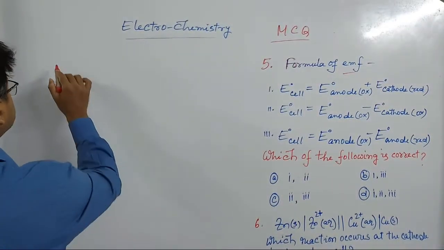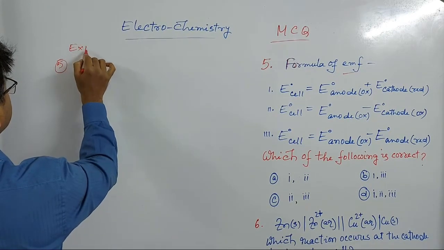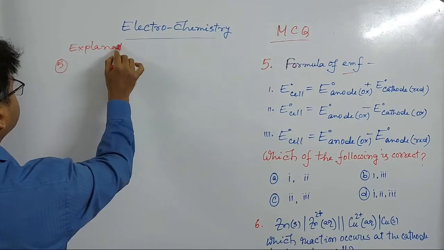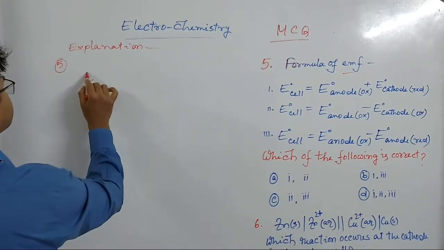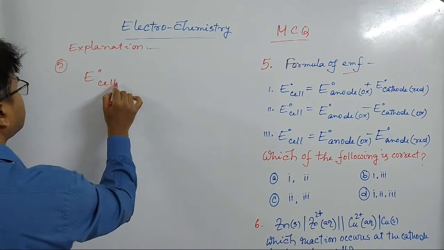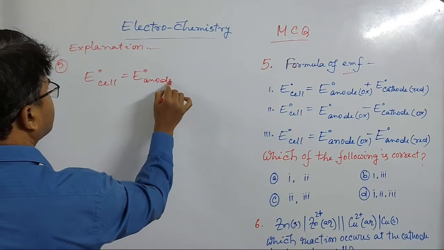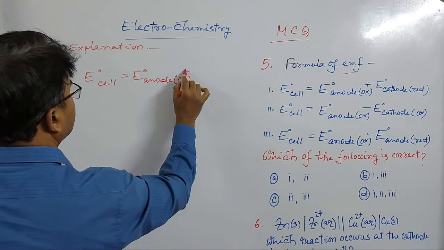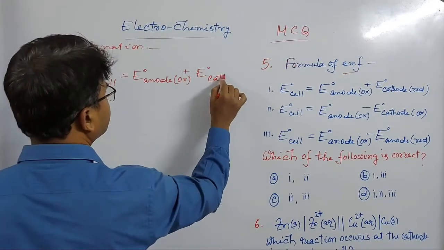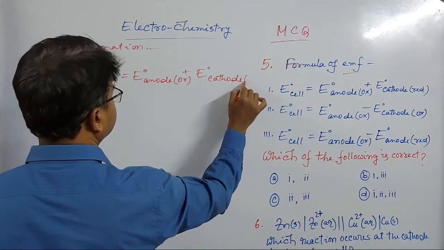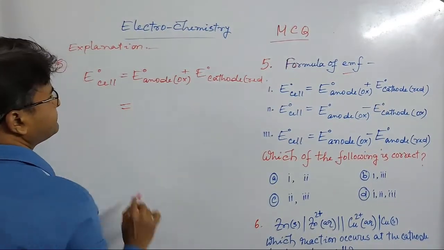So dear students, if I show you the explanation, we will see that E naught cell is equal to E naught anode oxidation reaction plus E naught cathode reduction reaction.